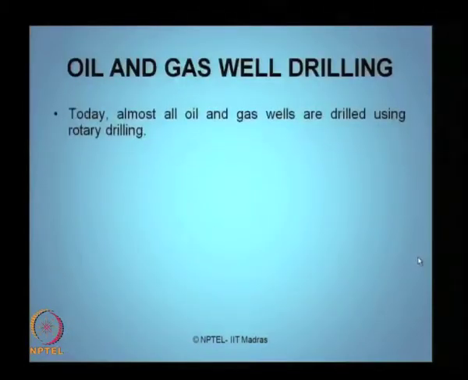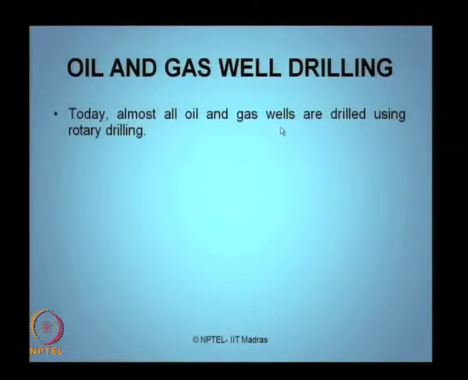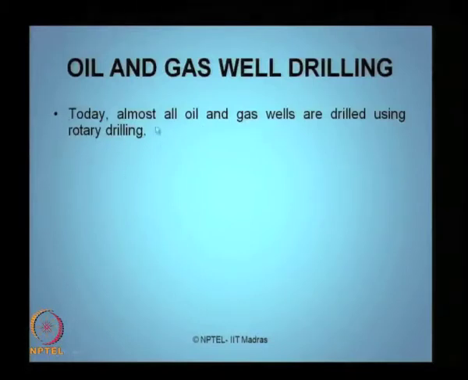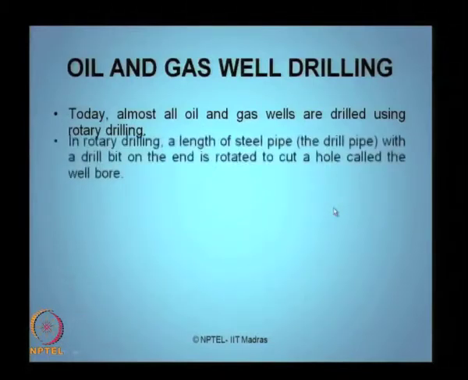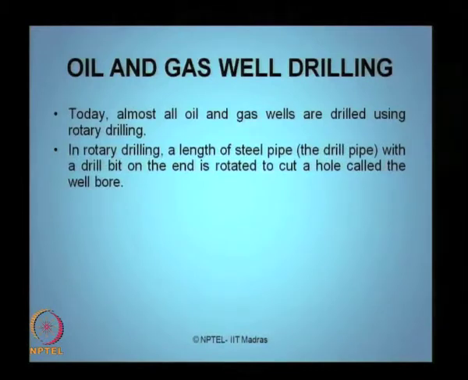If you look at the process of oil and gas well drilling, today almost all oil and gas wells are drilled using what we call rotary drilling. There are different kinds of drilling operations, but rotary drilling is a very common method by which drilling is done throughout the world.